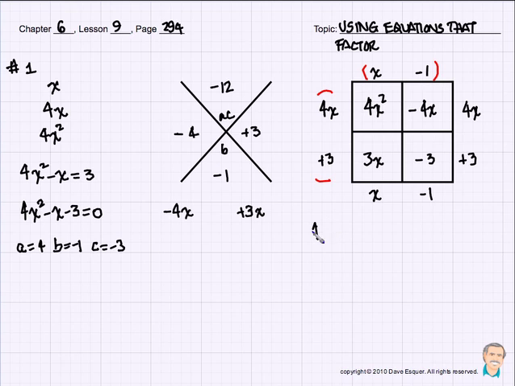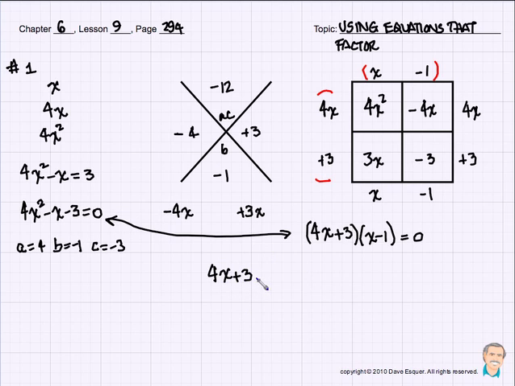And we're going to use that zero product property. So we have our two factors, 4x plus 3 and x minus 1, and those have to be equal to 0. We had our equation way over here. These are the factors. So these two are intertwined now. So let's use our zero product property.